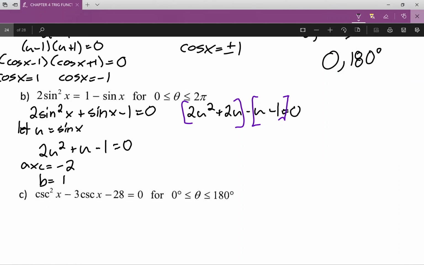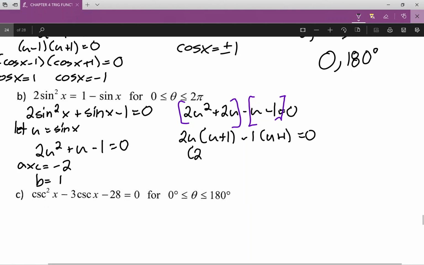I factor a 2u out of my first one, and factoring the 2u leaves me with u plus 1. And I factor a negative 1 out of the second two, leaving me yet again with u plus 1. So from here, I factor out that u plus 1, and I get 2u minus 1 times u plus 1 equals 0.